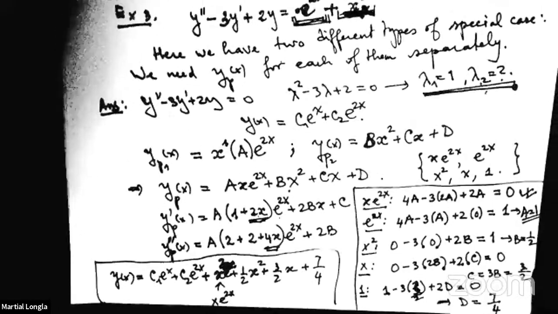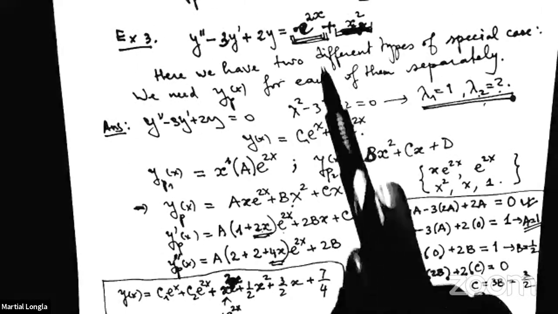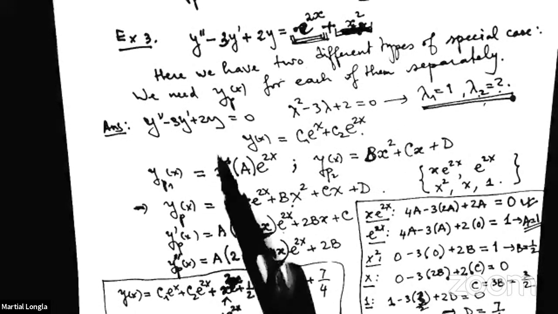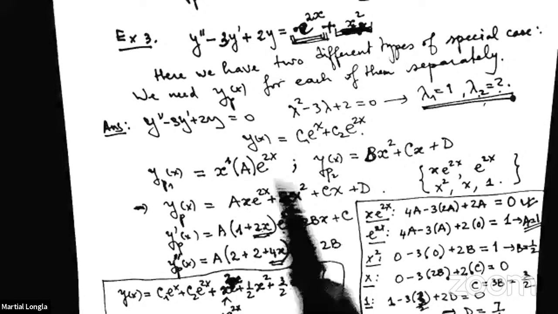Again, on this third example, I just showed you that when your right-hand side is a combination, what you need to do is to find the YP for each of the parts separately. Write down that formula of YP separately. Make sure you don't mess up.